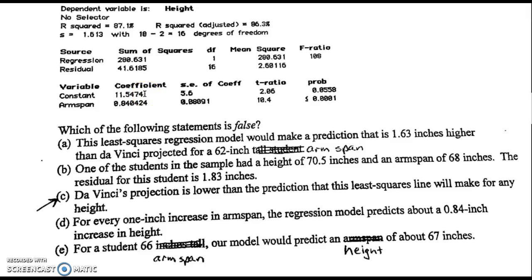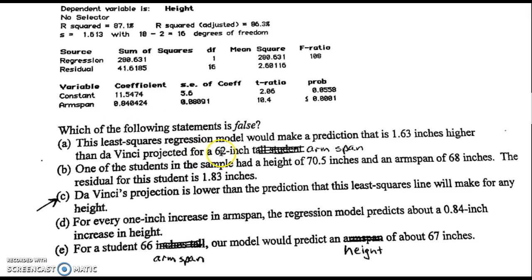So a is your constant, and b is your slope that's times the variable. In this printout, the constant is your a value, so 11.5474 is a, and arm span is your b variable, 0.840424. So the equation for this problem would be y equals 11.5474 plus 0.840424x.